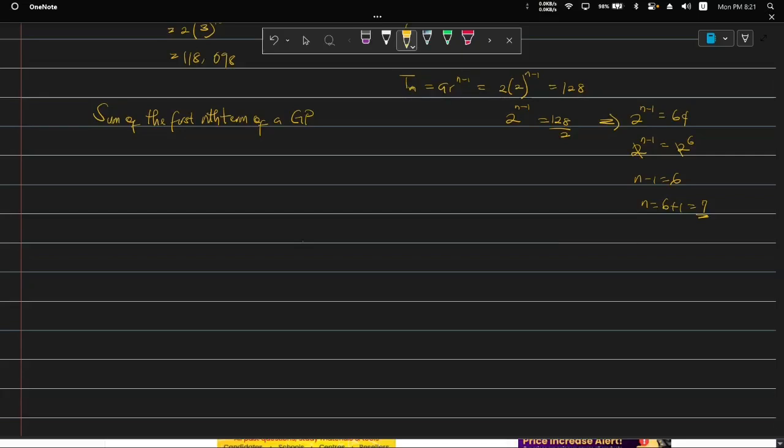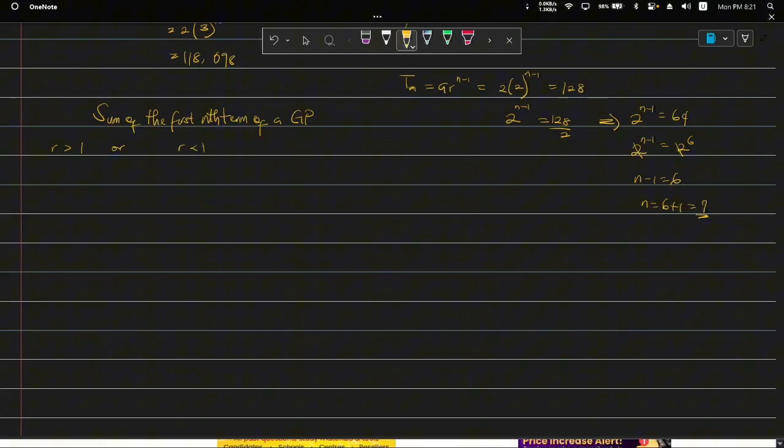Why? Because there are two formulas that will be used under different conditions. And what are the conditions? First, is the common ratio greater than 1 or is the common ratio less than 1? Are we together? So these are important conditions.